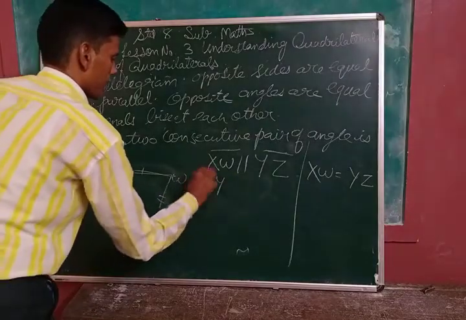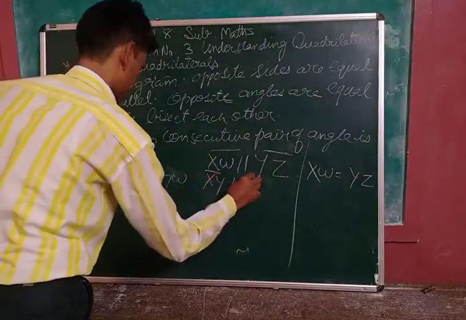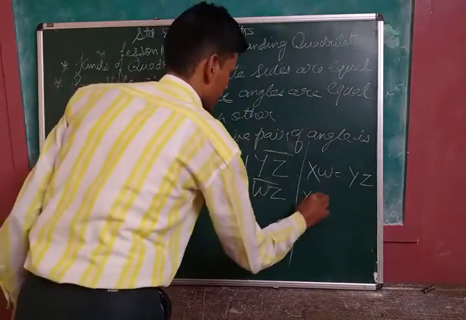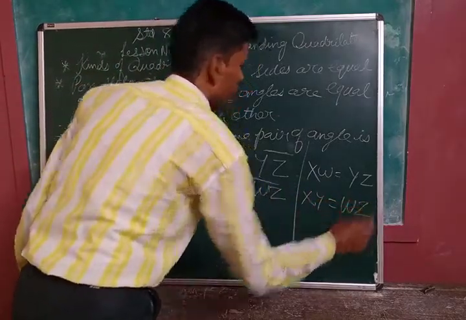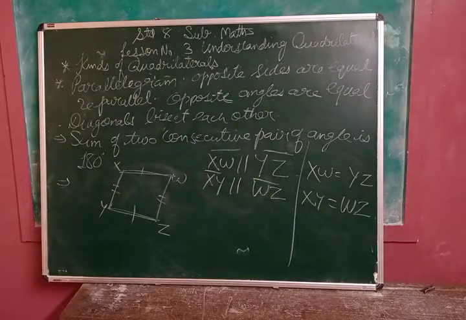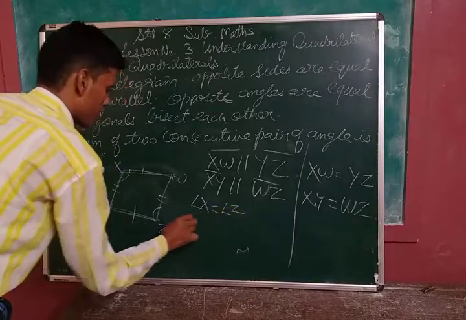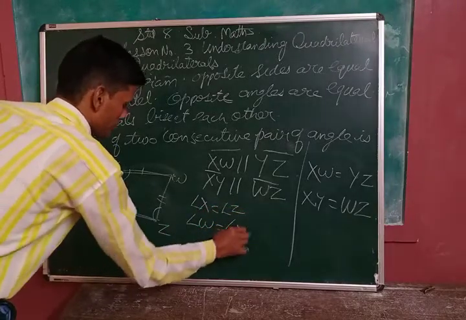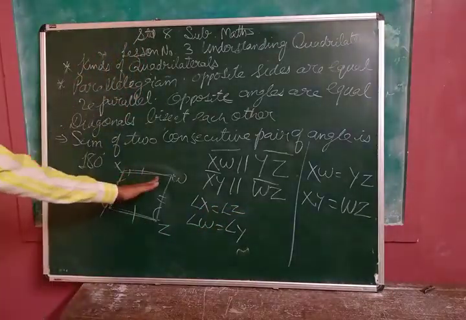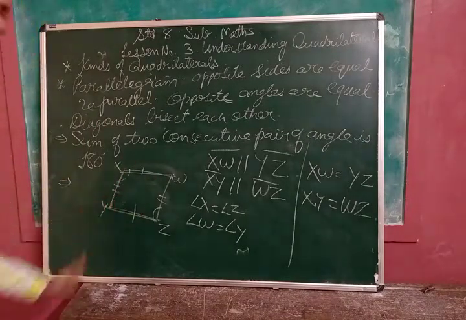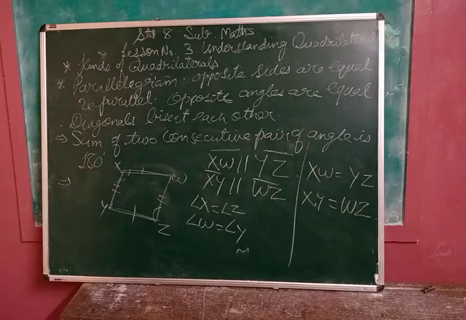Second, XY is parallel to WZ and XY is equal to WZ. Opposite angles are equal. Angle X is equal to angle Z, angle W is equal to angle Y. Measure angle X plus W is 180, W plus Z is 180, Z plus Y is 180, Y plus X is 180. Then this type of quadrilateral is known as parallelogram.